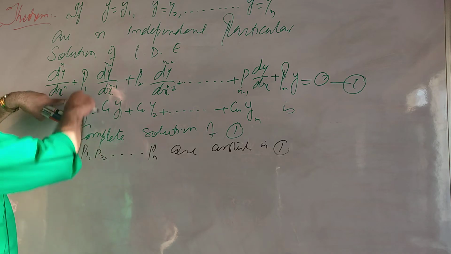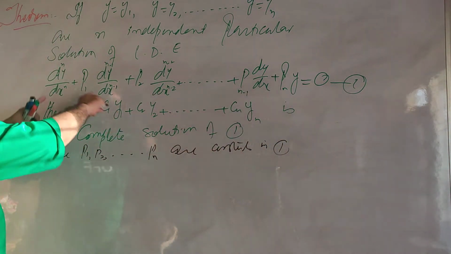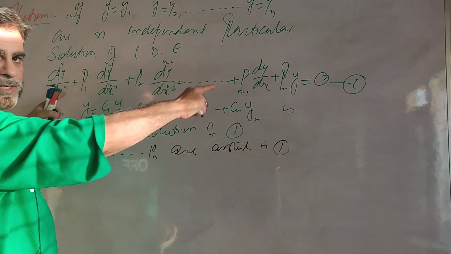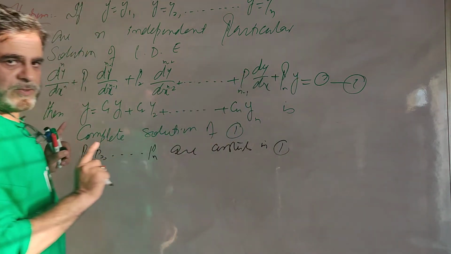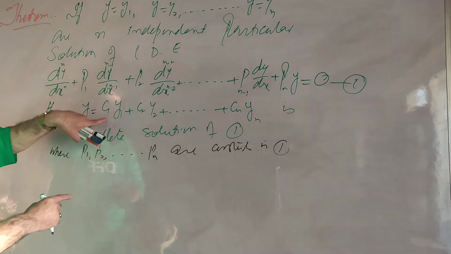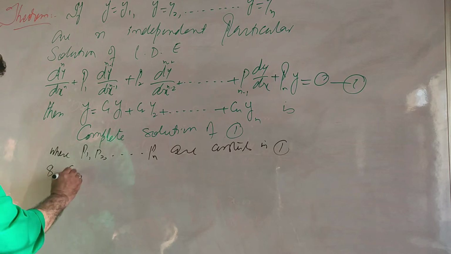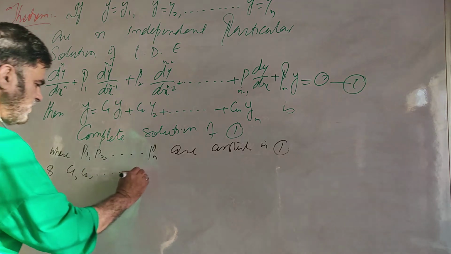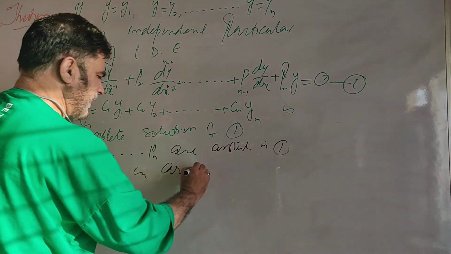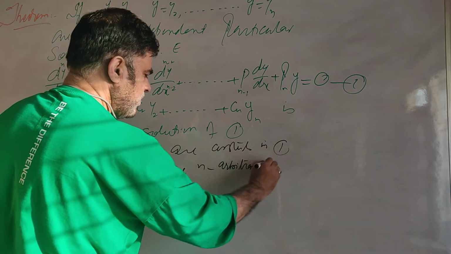So this is the linear differential equation with constant coefficients with right side 0. Then we say this is also the solution. Here C1, C2, Cn get involved, and C1, C2, Cn are n arbitrary constants.